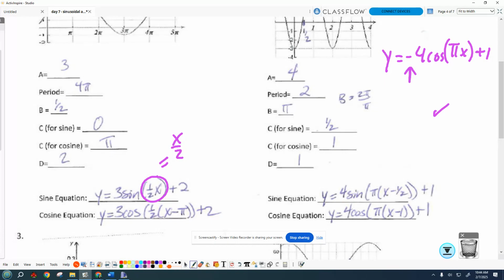So does anyone else want to check to see if their different answer is also right? But to hit the peak for this one, it got shifted over 1 to the right. Okay, one person's still checking.